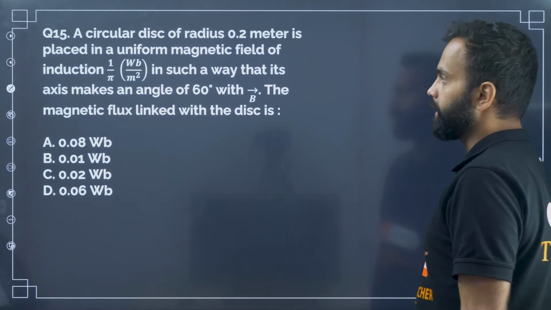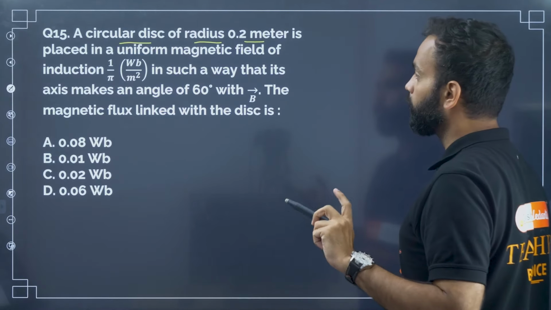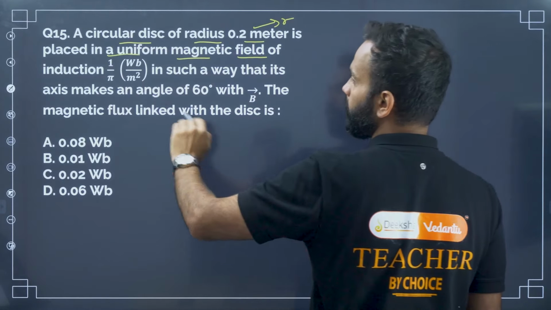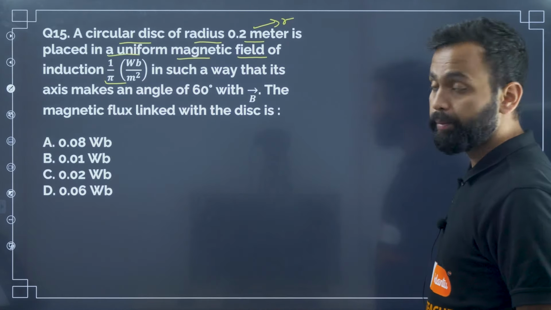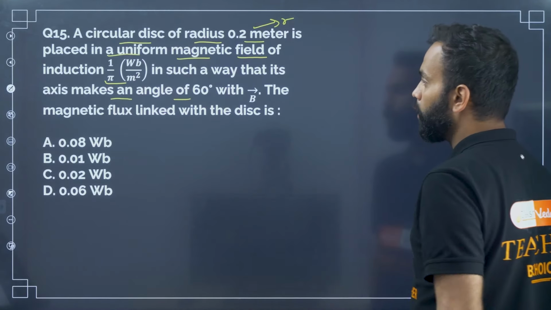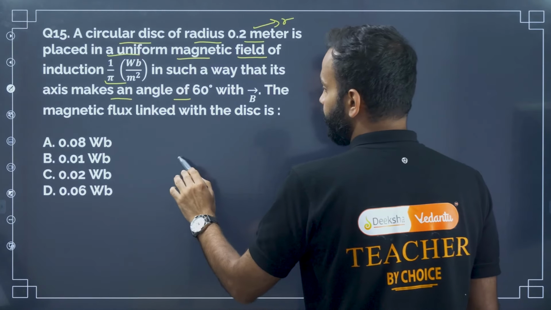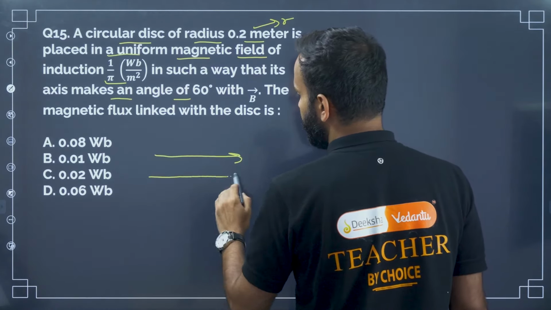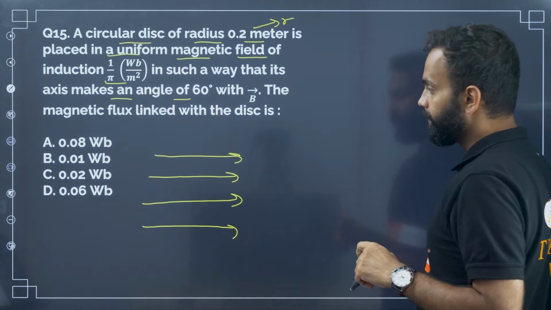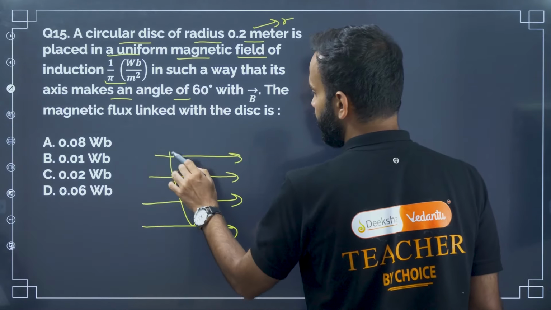Question number 15. A circular disc of radius 0.2 meter, here R equal to 0.2 meter, is placed in a uniform magnetic field of induction 1 divided by pi Weber per meter square in such a way that its axis makes an angle of 60 degree with the B vector. Here this is the magnetic field, and the axis of the coil makes an angle of 60 degree with the magnetic field.